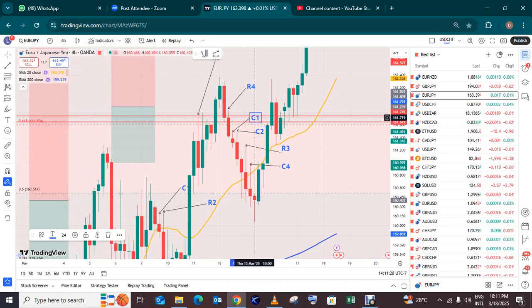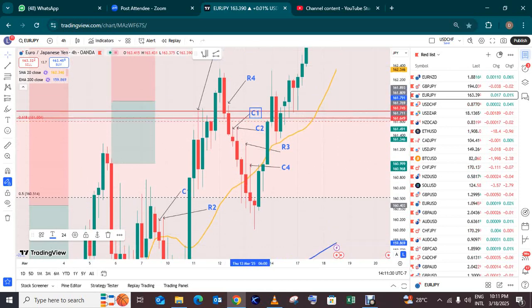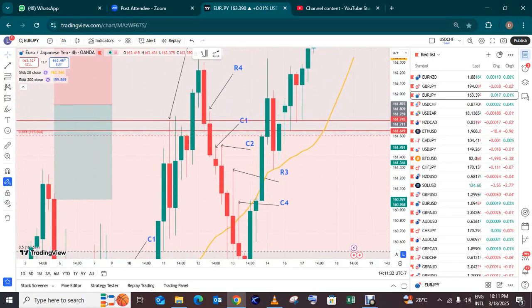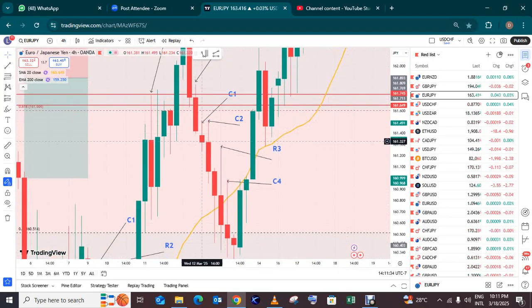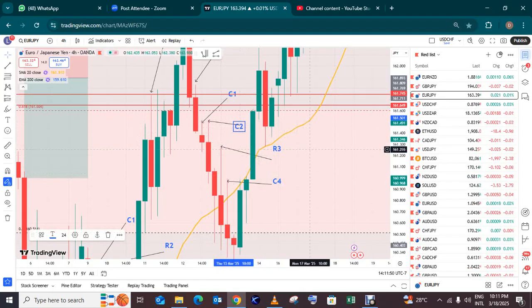Now on the C1, we saw a wick above, a bearish body and a shorter wick below. That's a valid candlestick formation. The next 4 hours candle finished with a longer wick on top, a bearish body and a shorter wick below. That's a C2, meaning the market wants to go down.